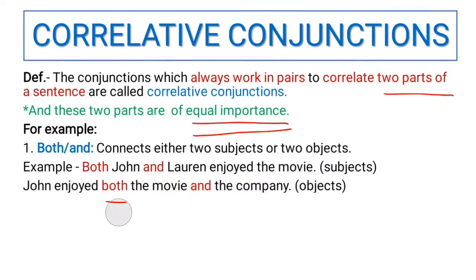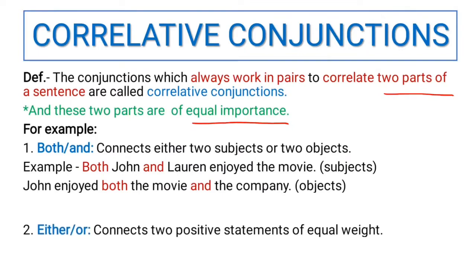I hope it is clear now what is the meaning of two parts of equal importance. In the first sentence, we have joined two words, or you can say two subjects. In the second example, we have joined two phrases, or you can say two objects.